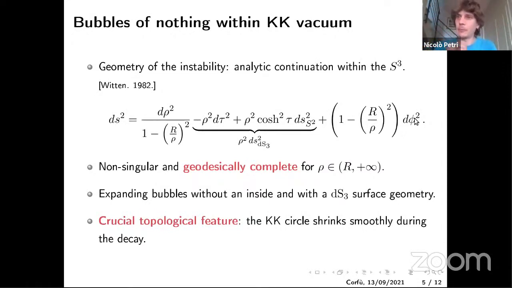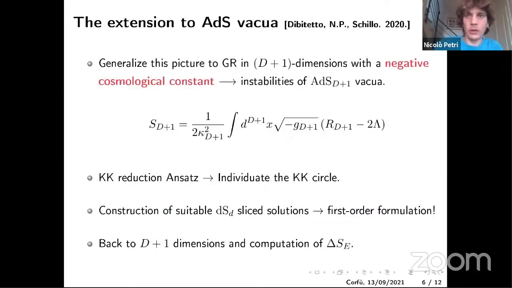So this is the key property allowing this very particular decay. And this is the property that we are going to use to extend this particular geometry, this particular instability, to the case of the cosmological constant.